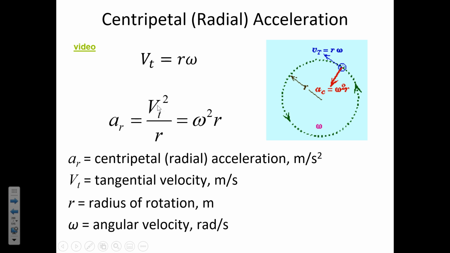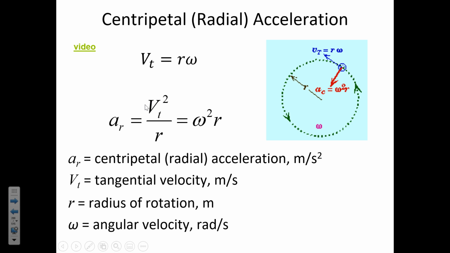For instance, we know that accelerations have units of meters per second squared. And so consider now this formula below, which is to calculate the radial acceleration. So meters per second squared on the left-hand side. On the right-hand side, where do those units come from? Well, it's the tangential velocity squared divided by the radius.